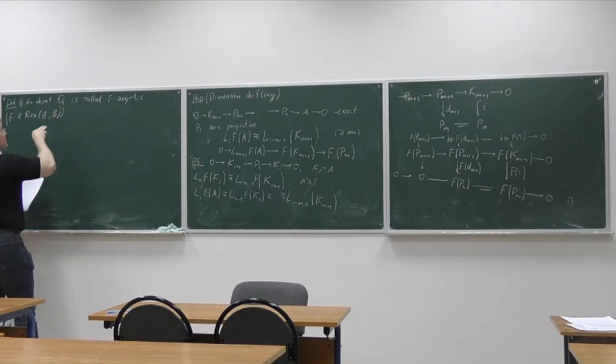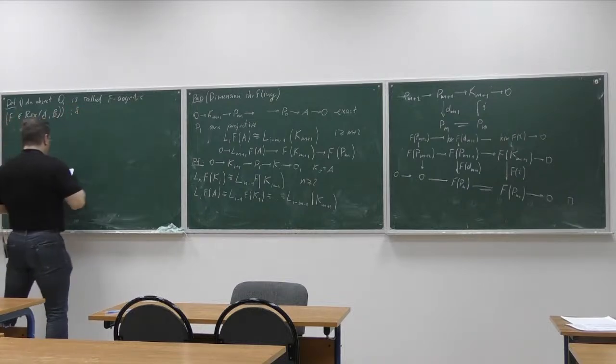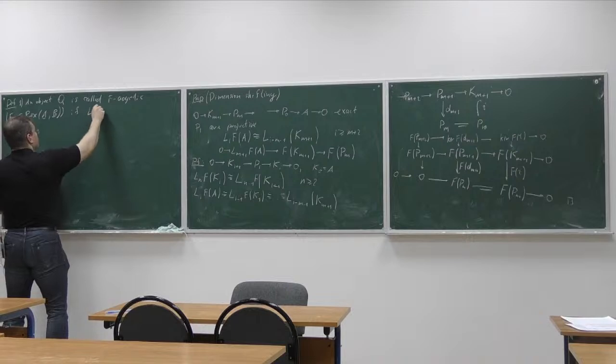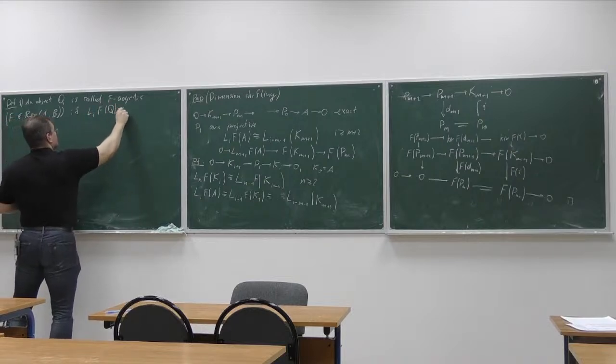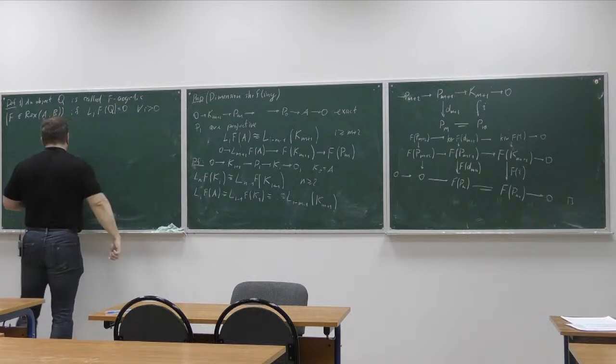An object is called F-acyclic if, when you apply the derived functors to this object, you get 0, and that is true for any i positive.